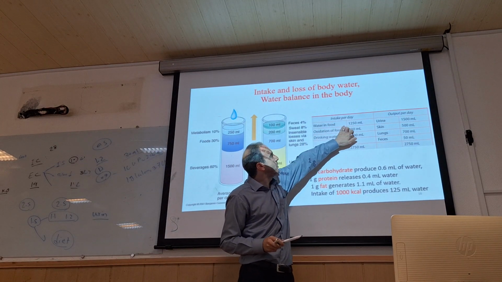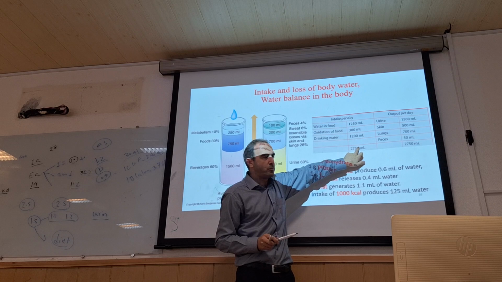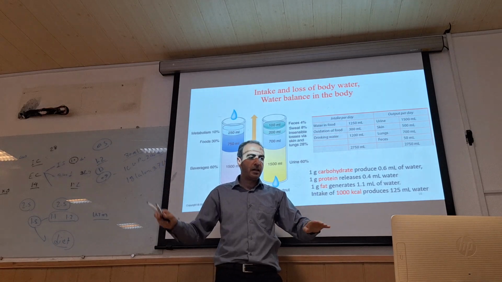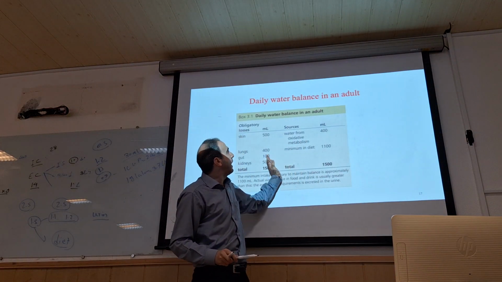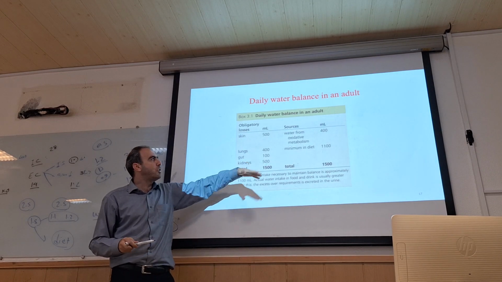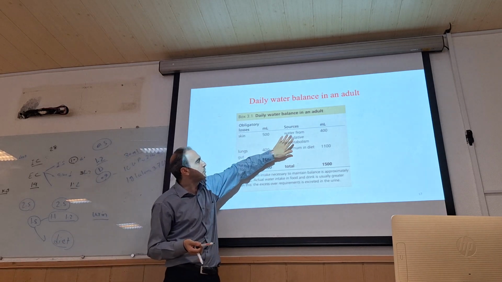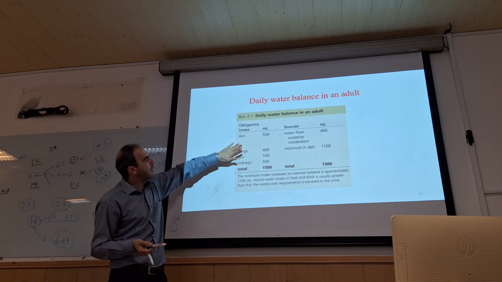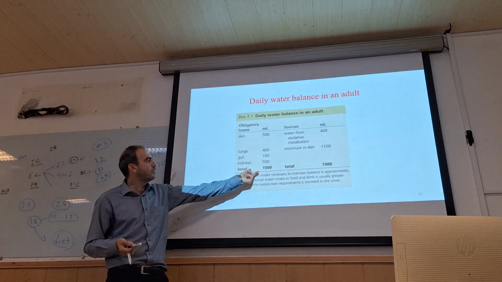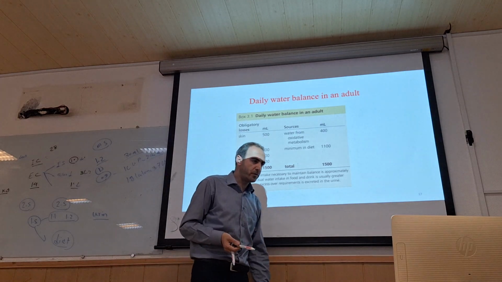Here you can also see water in food 1.2, oxidation 300, drinking 1.2, a total of 2.7, and urine, skin, lung, and feces 2.7. There is a balance between intake and output. Some references use different numbers, it doesn't matter. But in total, urine is the main source of output, and drinking and food are the main sources of input.